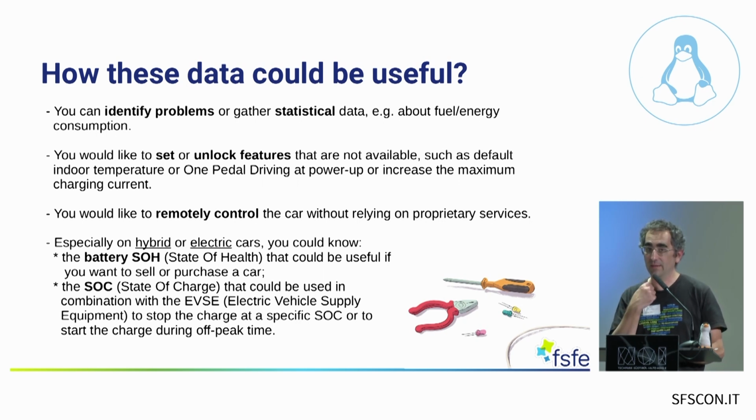And for an electric or hybrid car, you can get information about the status and the health of the battery. So if you want to sell your car, you can say, okay, my battery is good or not. Or if you want to buy a second-hand electric car, you can also check the status of the health of the battery.